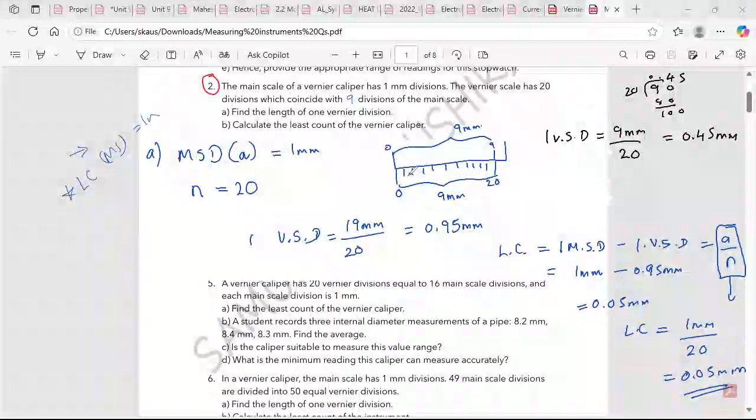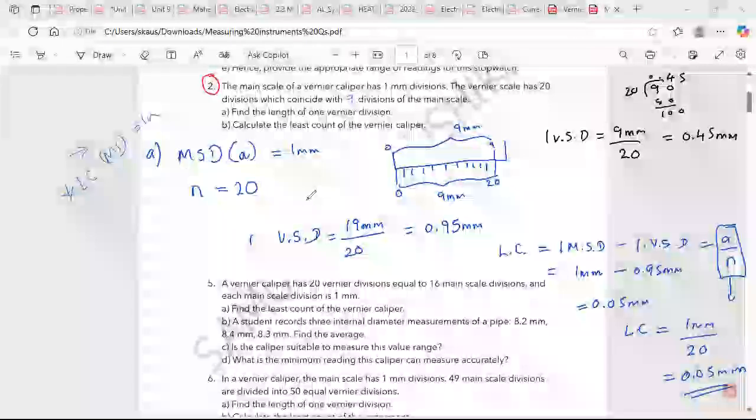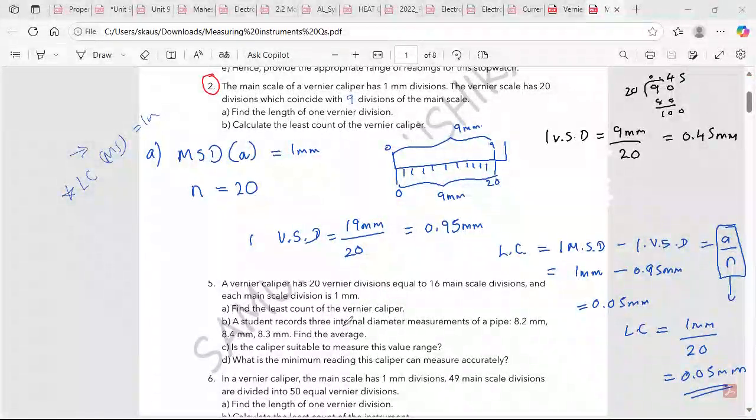So find out the least count now. You get a weird value. I mean, it can't really be considered a proper least count, but just to show what I want, I used that.